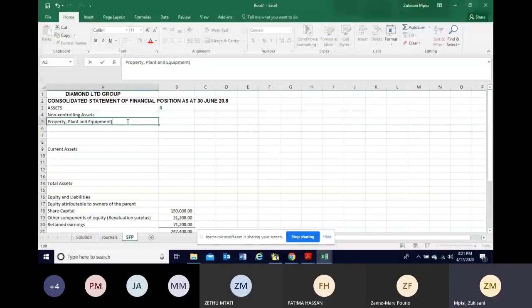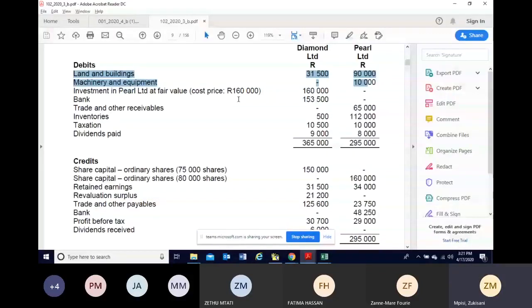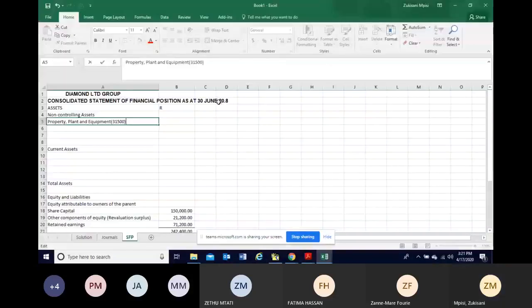So it's 31,500 plus 90,000 plus 10,000, which gives you 131,500. We've got goodwill in this calculation.